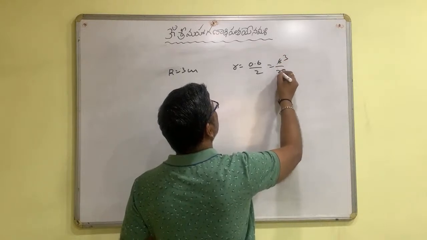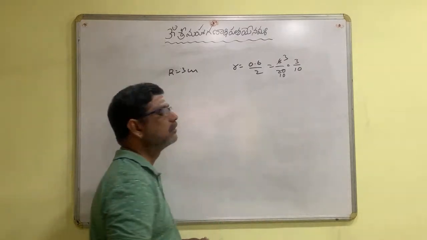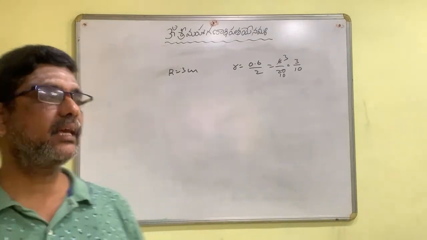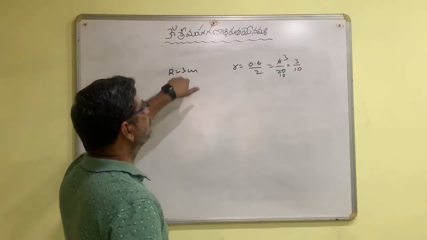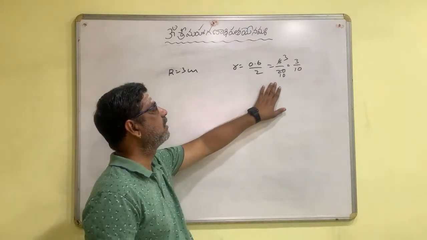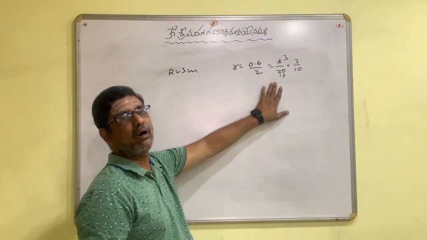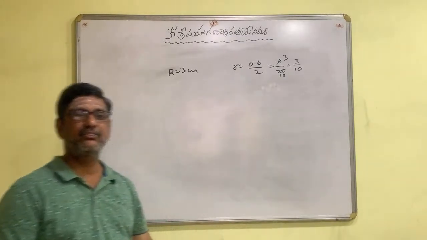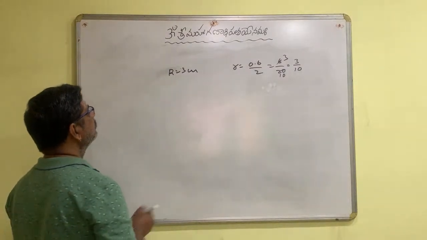Two 3s are 6, so that is 3 by 10. Now what is being asked? From this sphere, how many small spheres of radius 3 by 10 centimeters can we get or extract? So what we have to do?